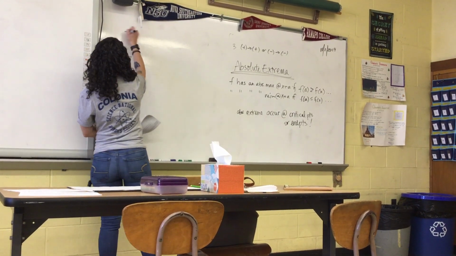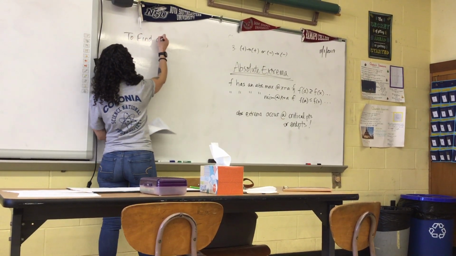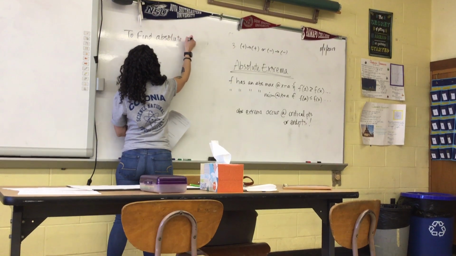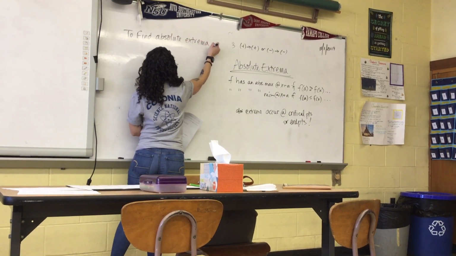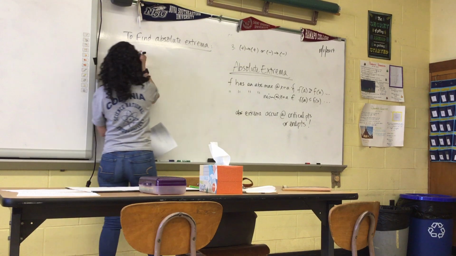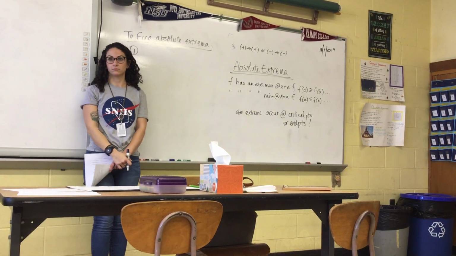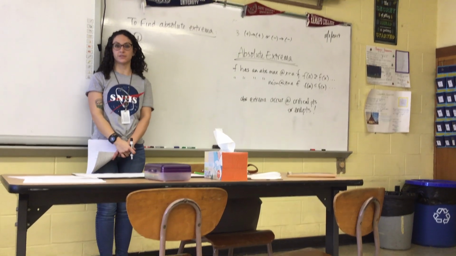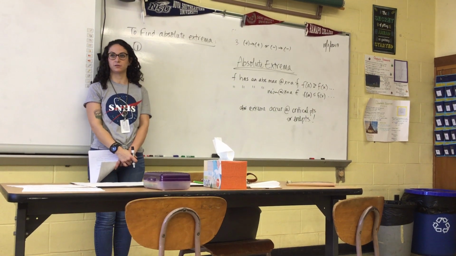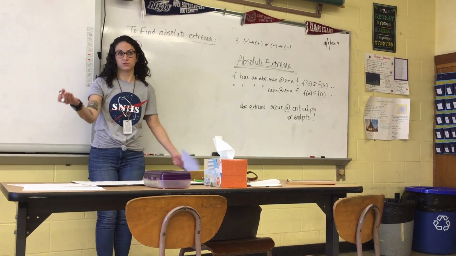So then I wanted us to make a list of how to find absolute extrema. Absolute extrema occur at critical points and endpoints. What do you think my first step should be? Find critical points and endpoints. Okay, so let's start by taking a derivative.